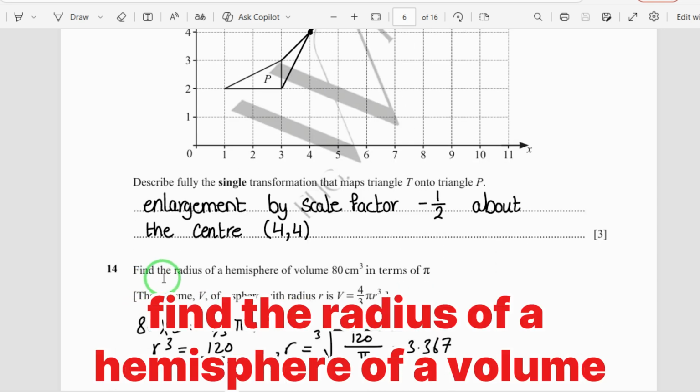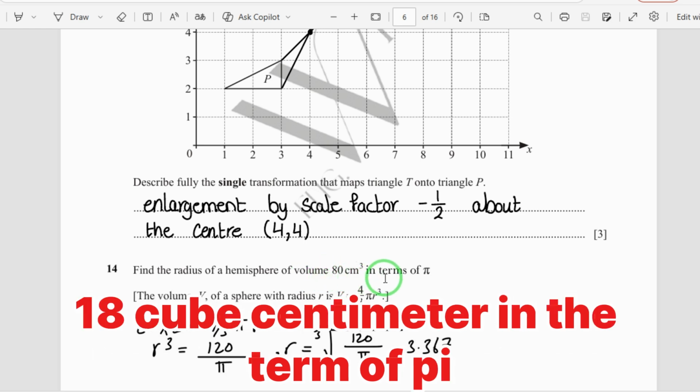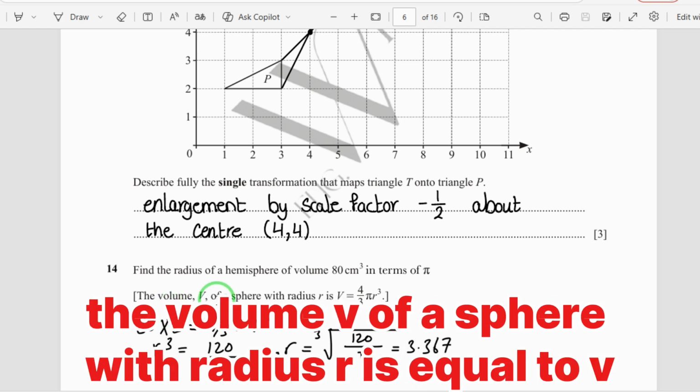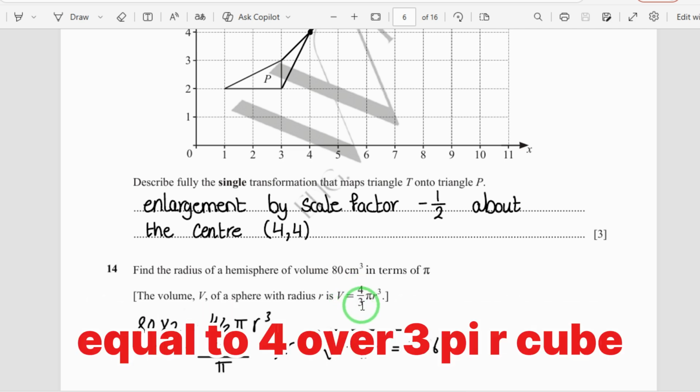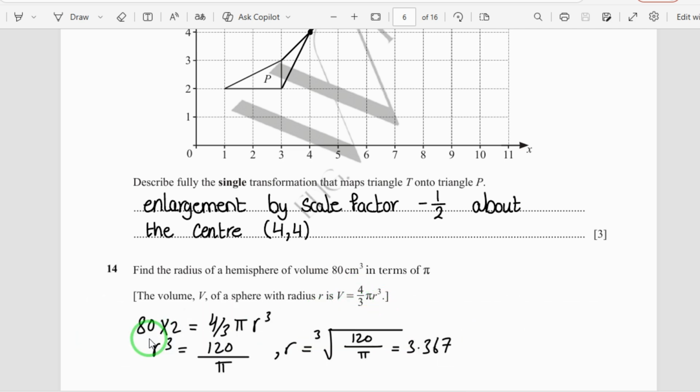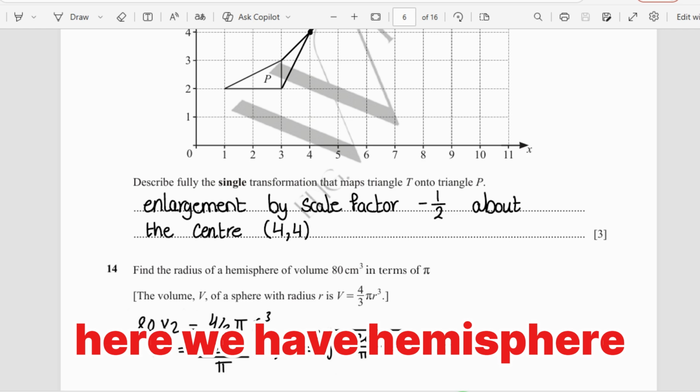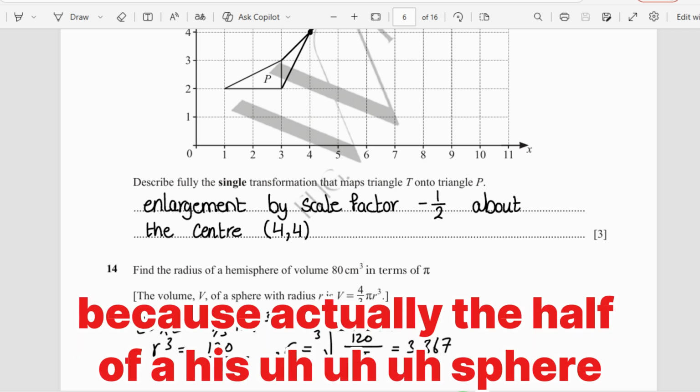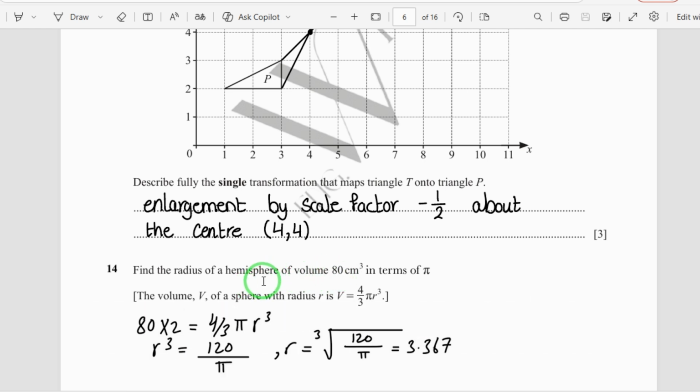Next part: find the radius of a hemisphere of volume 18 cubic centimeters in terms of pi. The volume V of a sphere with radius R is V equals 4 over 3 pi R cubed. Here we have a hemisphere, which is half of a sphere.